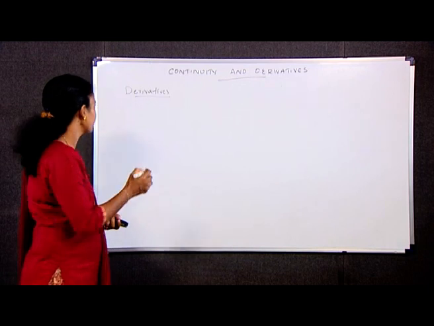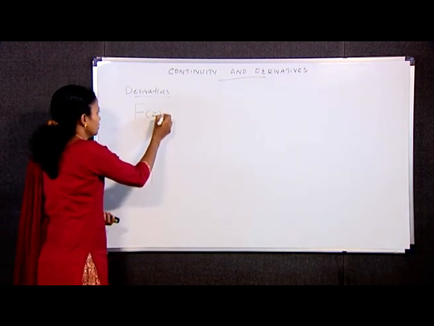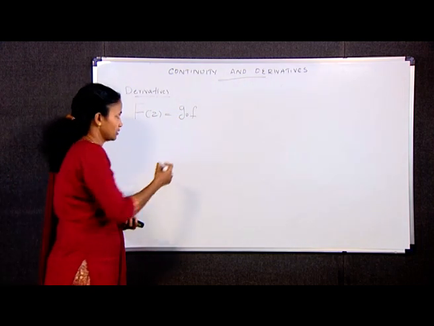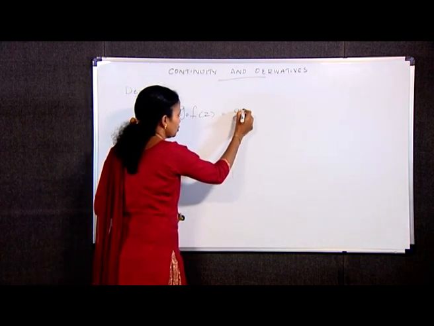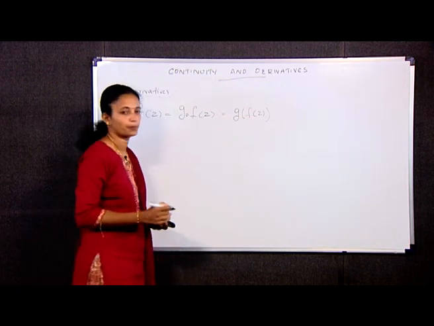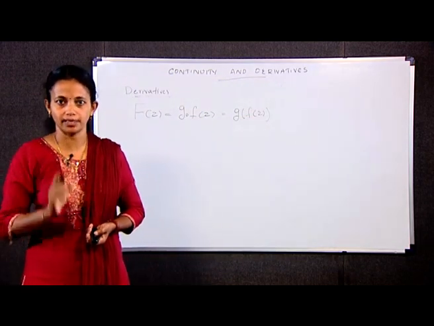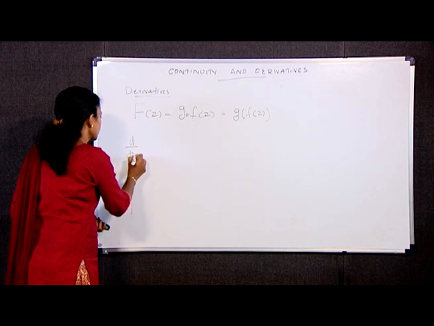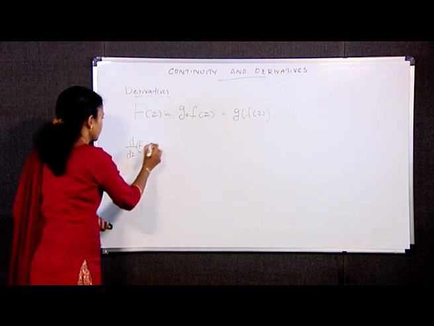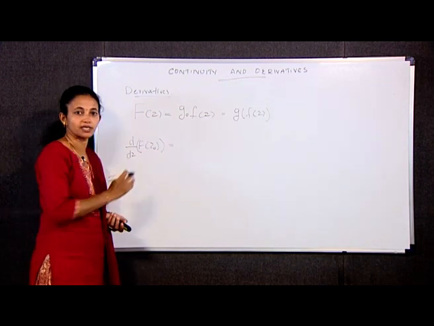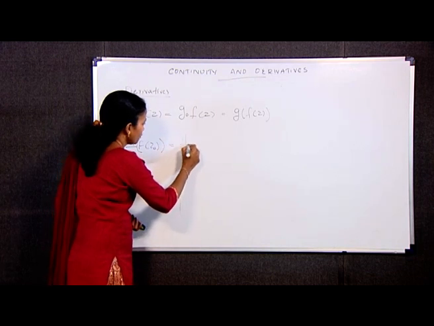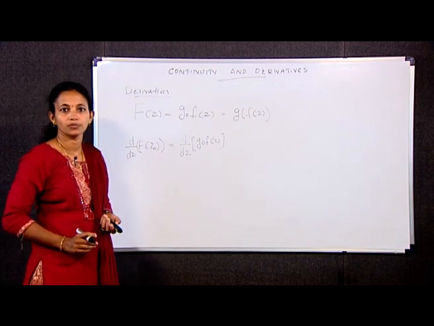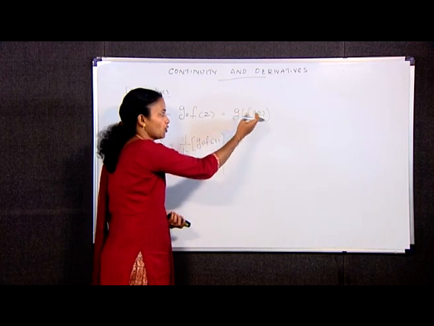Then the function F(z), we can write as the composite function g composition f of z, or g of f of z, has a derivative at z naught, and F'(z naught) is equal to the derivative of g composition f of z, which is again d by dz of g of f of z.